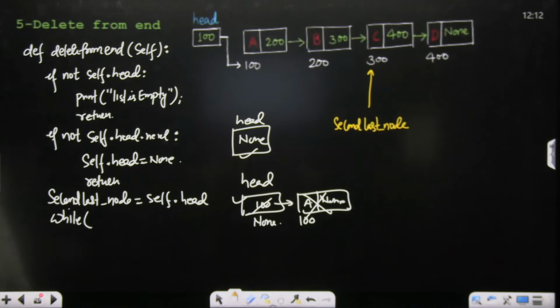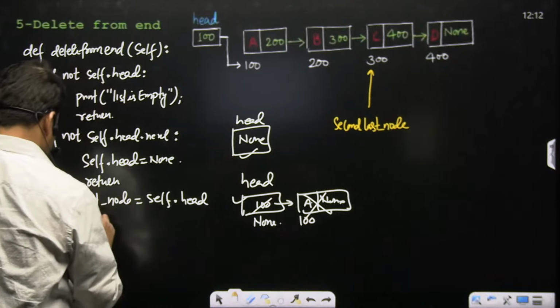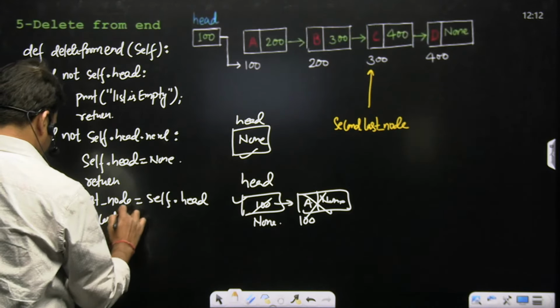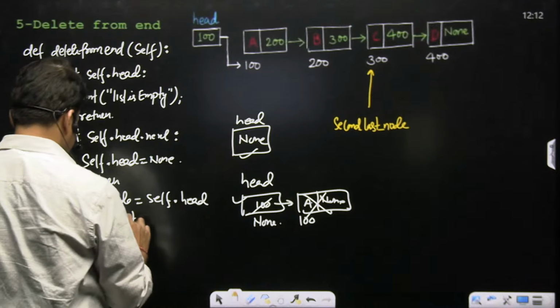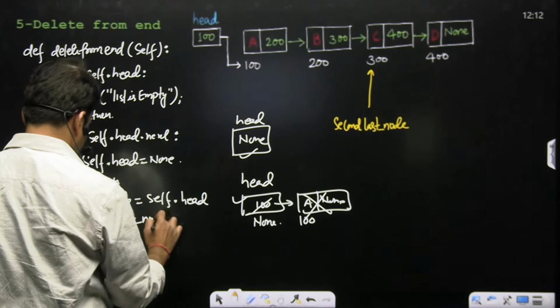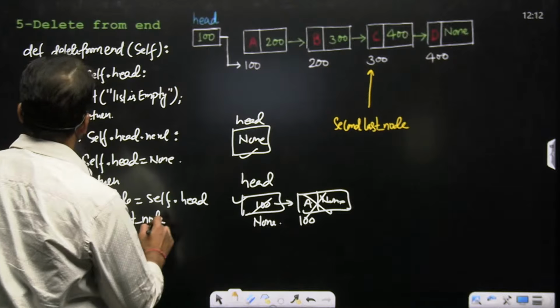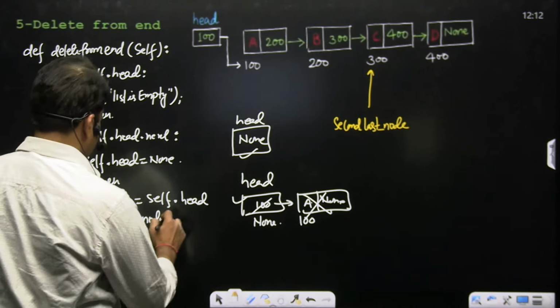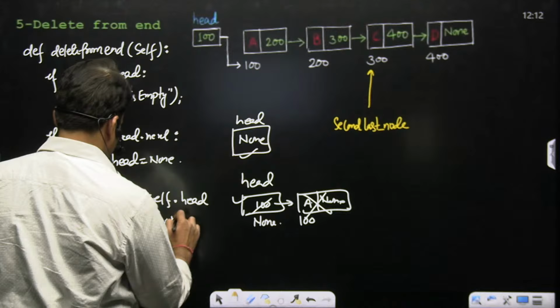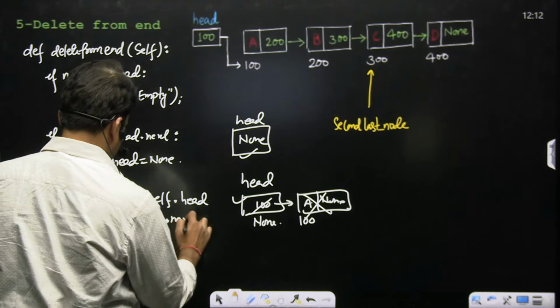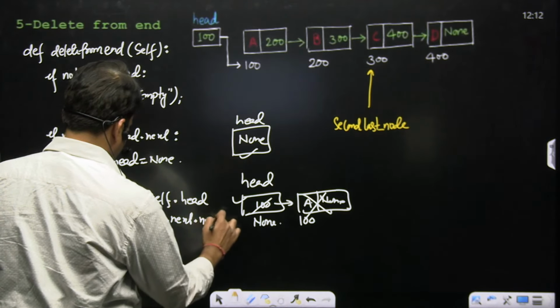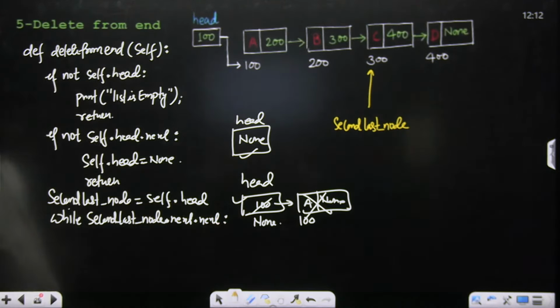While second_last_node.next is not None, it means you can traverse in the forward direction.